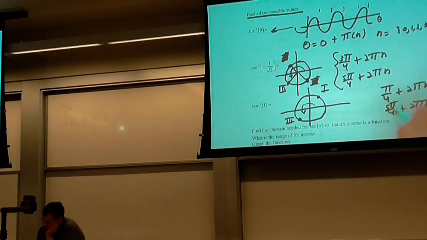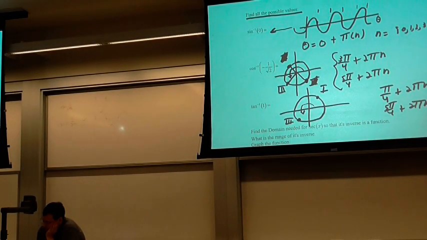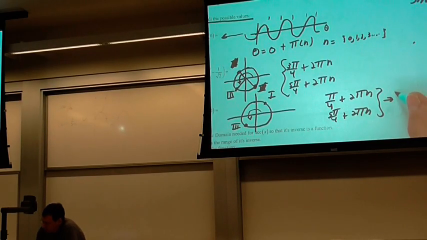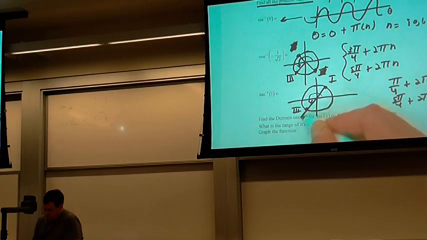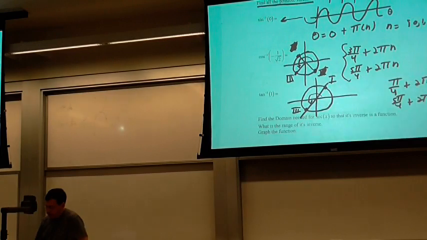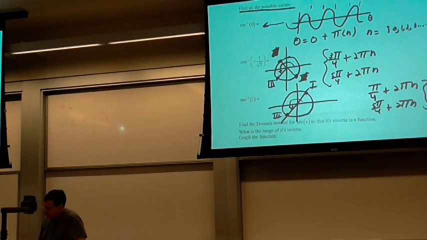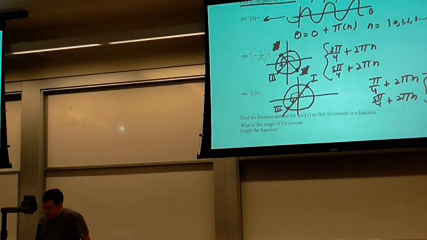But if you stare at these close enough, you realize this is just the same as pi over 4 plus pi n. See, halfway across the circle is just pi apart. Okay.